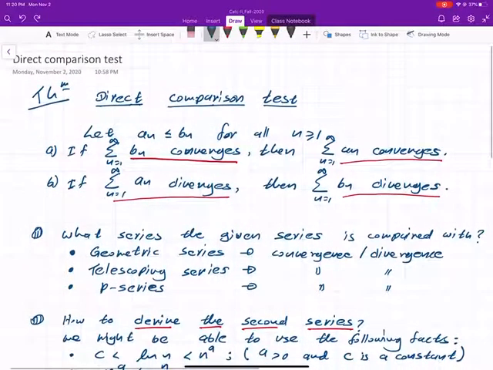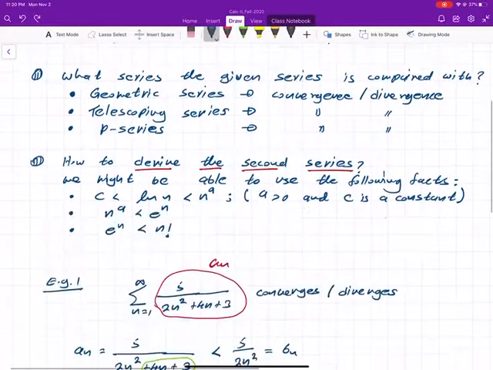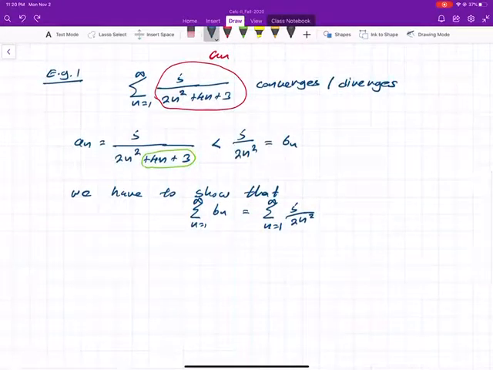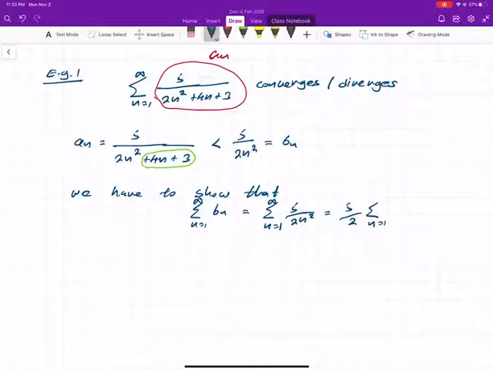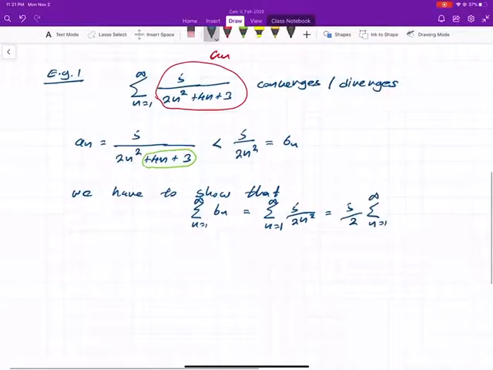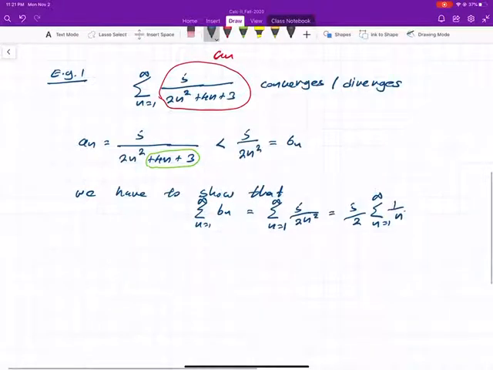See, you have to show the bigger series converges to tell that the smaller one converges. The bigger series is this. And now just work on this. This can be written as 5 over 2 sigma n goes from 1 to infinity, 1 over n to the power 2. Now how about this series? Converges or diverges?